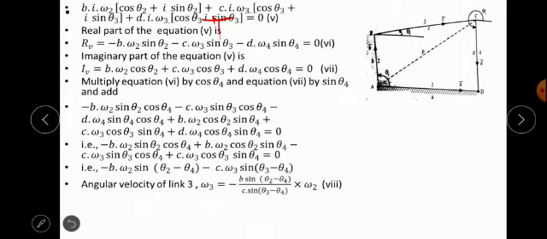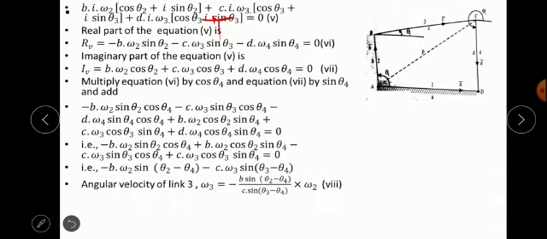Therefore, we will get minus b omega 2 sin theta 2 cos theta 4 plus b omega 2 cos theta 2 sin theta 4 minus c omega 3 sin theta 3 cos theta 4 plus c omega 3 cos theta 3 sin theta 4 is equal to 0. How?